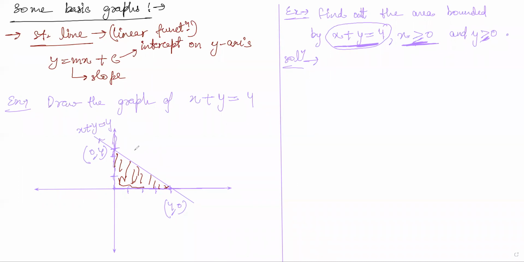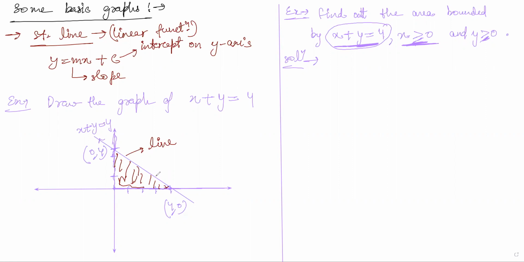For example, in this case, this whole area lies under this line. If you are able to spot that function under which the whole area is lying, I'm not saying even whole. Sometimes you will have to use two functions to find the area.